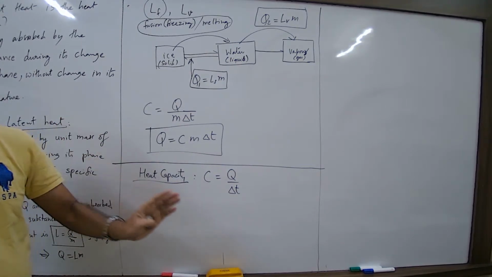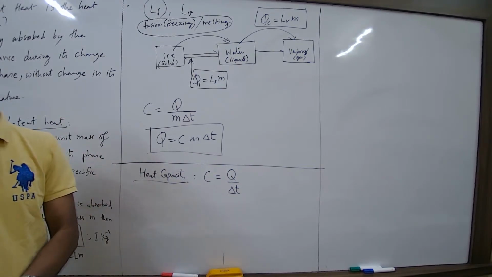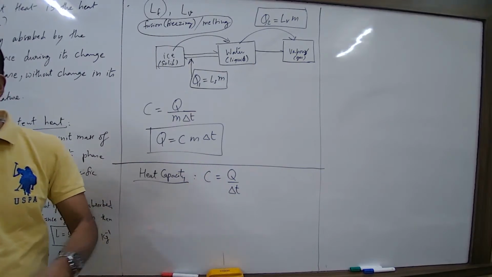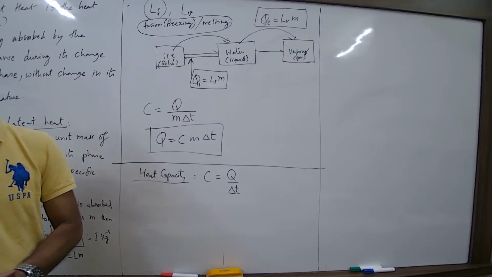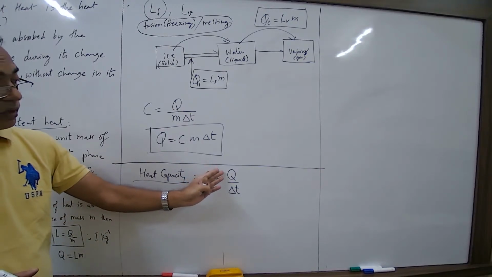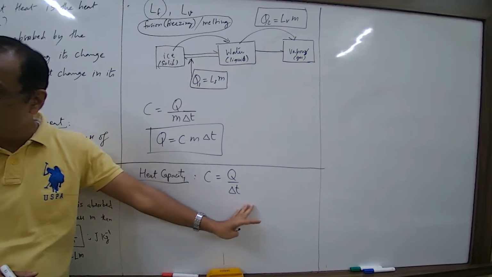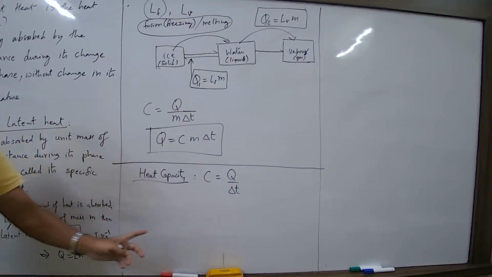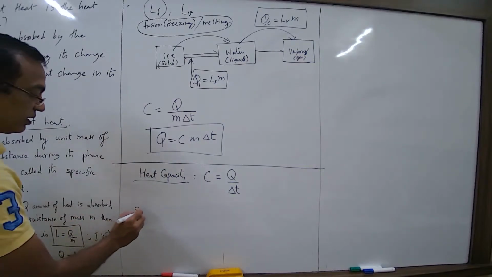ठीक है? अब this is not constant for a given substance. If the substance mass is now doubled, it will absorb double the amount of heat to rise by the same amount. है ना? So this is not a constant. So इसके लिए मैंने और एक चीज define किया, specific heat capacity.